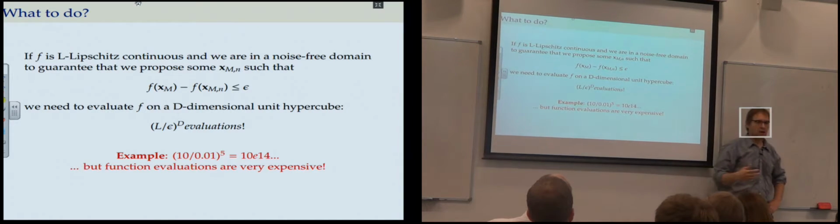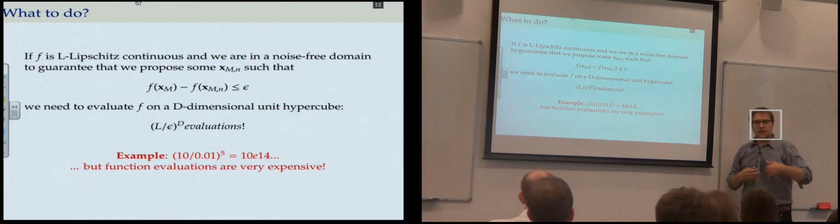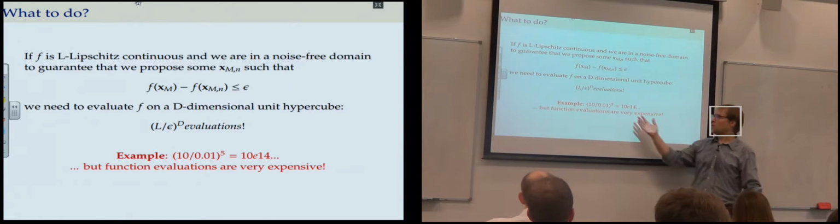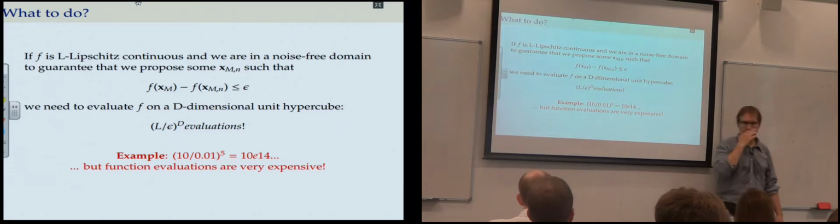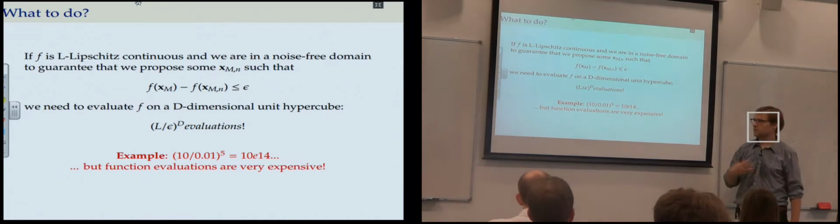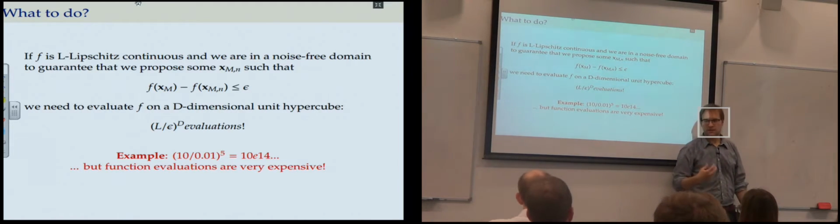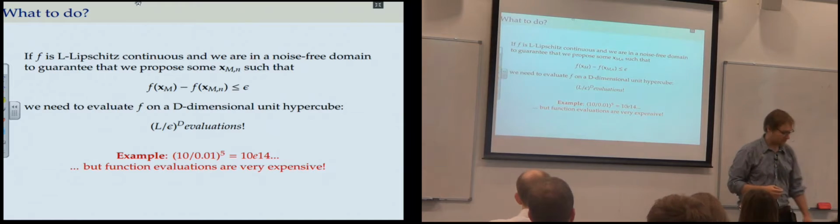One of the hypotheses that we were making at the beginning is actually that the function is very expensive to evaluate. So this is something that clearly we cannot do. All we are going to discuss here is how we can be smarter about different strategies to find something optimal or close to the optimal of the function.